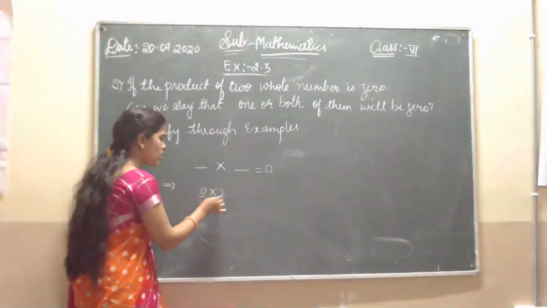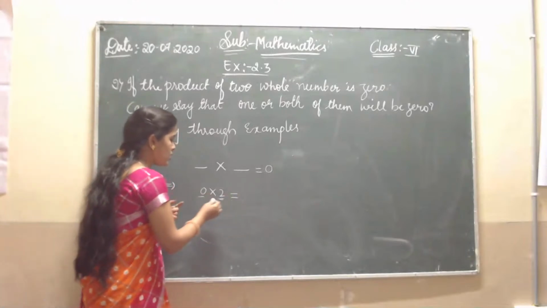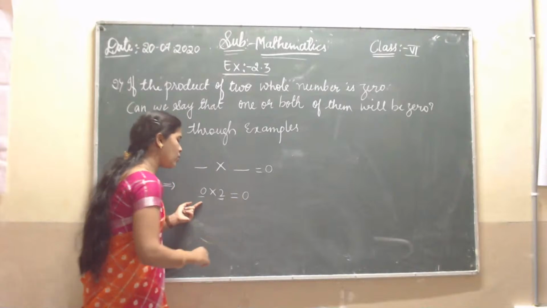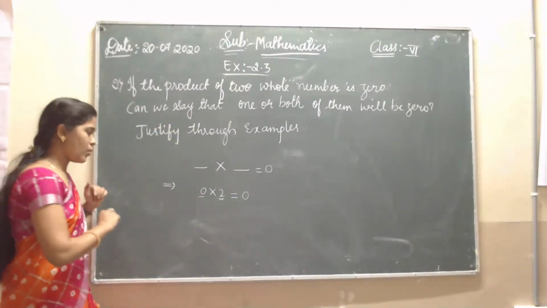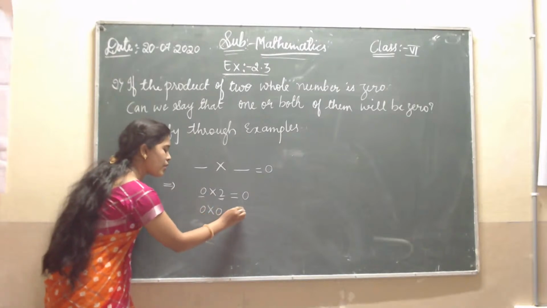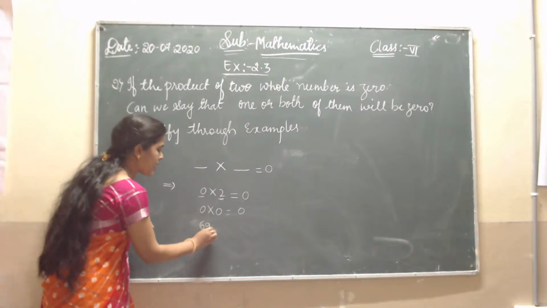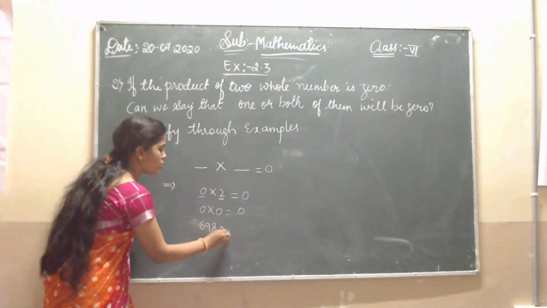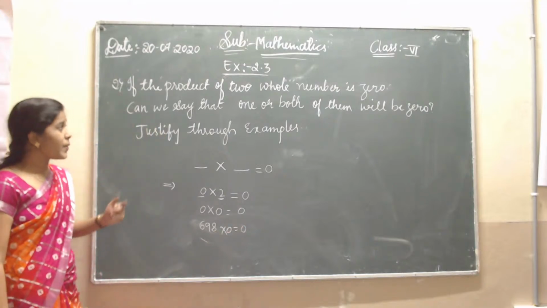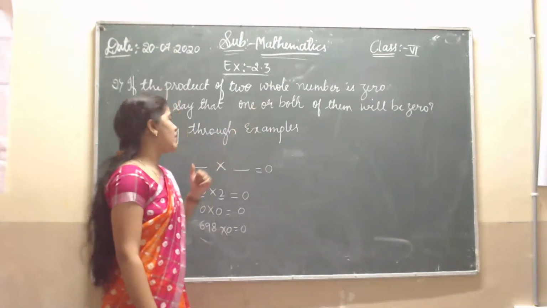See here, these two are whole numbers. One is 0, another is 2. 0 multiplied by any number is 0. Take another example, 0 into 0, also 0. 698 into 0, this is also 0. So here, can we say that one or both of them will be 0?